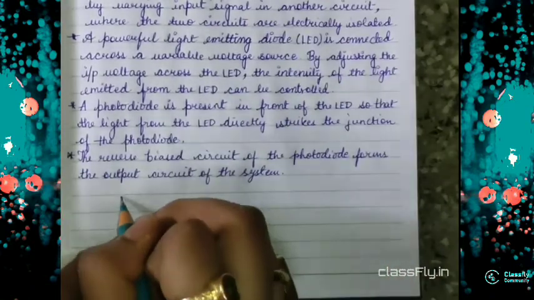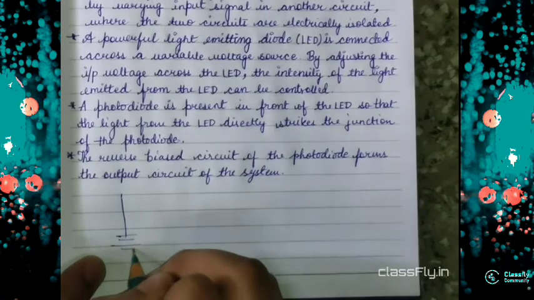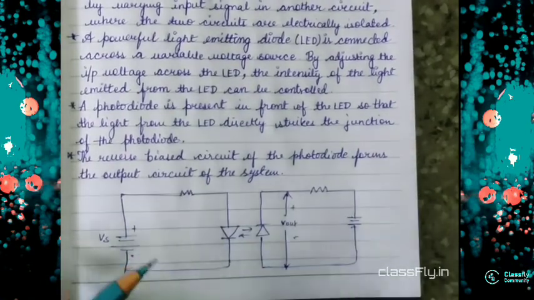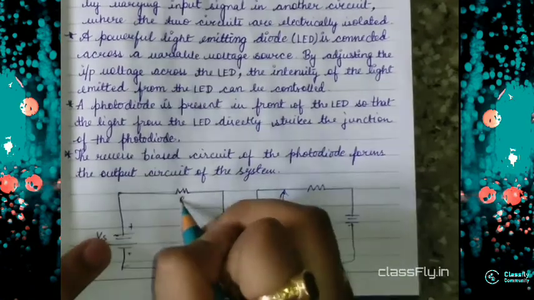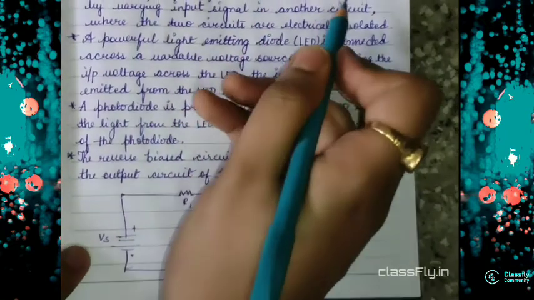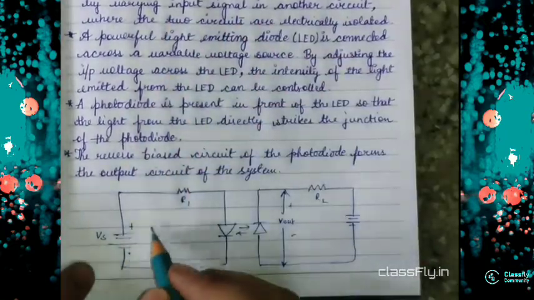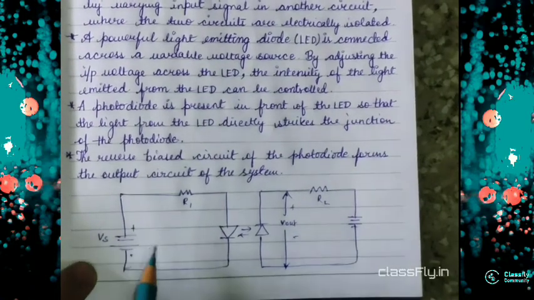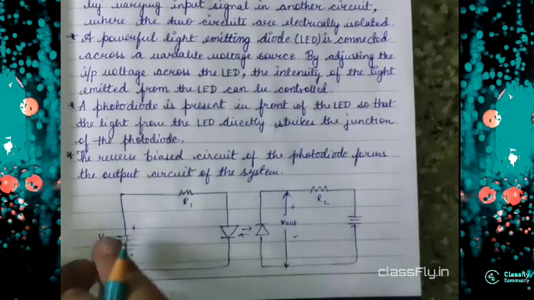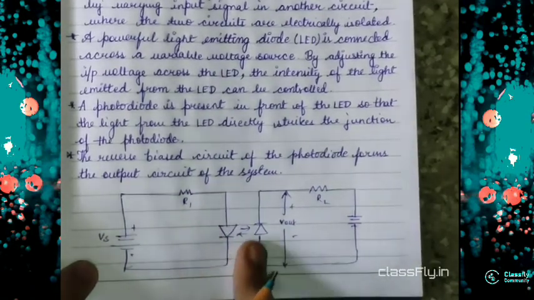Now see, I am making the full diagram again. So this is a circuit basically, and this was R1 and this is R2. The output signal of one circuit can be controlled by varying the input signal. Whatever the input signal, when there is a flow of current, it will produce light energy, and this light energy will strike the other part.